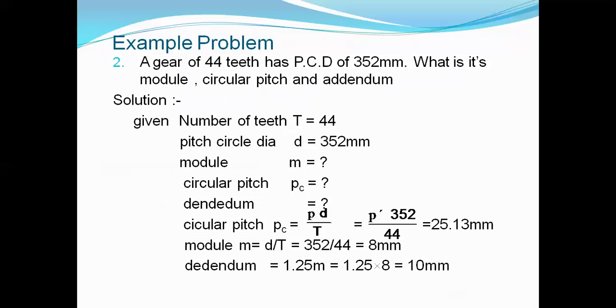Next, a gear of 44 teeth has PCD of 352 mm. PCD means pitch circle diameter. What is its module, circular pitch and addendum? Module is D by T, 352 divided by 44, that is 8 mm. Circular pitch is pi into D by T, pi into 352 divided by 44, that is 25.13 mm.